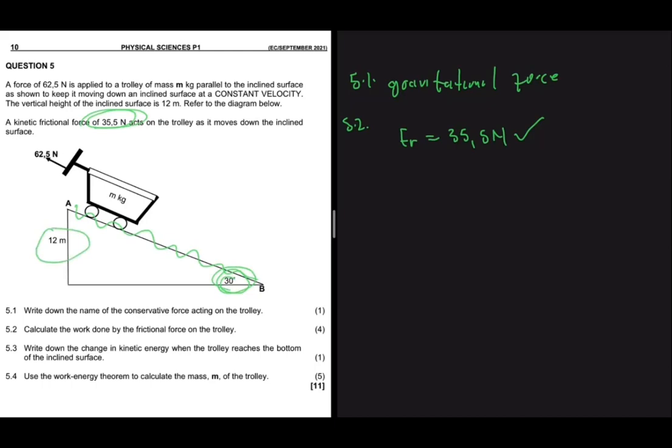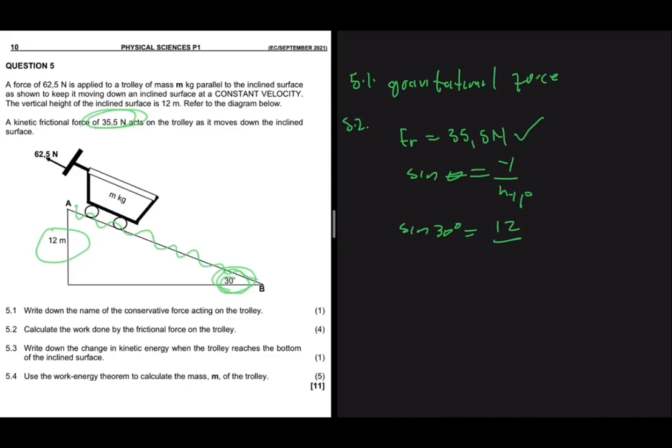So what we can do, we can say that sine of theta is equal to y divided by hypotenuse, right? In this instance, we know the angle. We know that sine of 30 degrees is equal to y, our height, which is 12 meters. So we have 12 meters divided by the length of the incline.